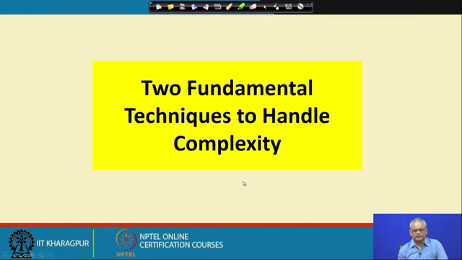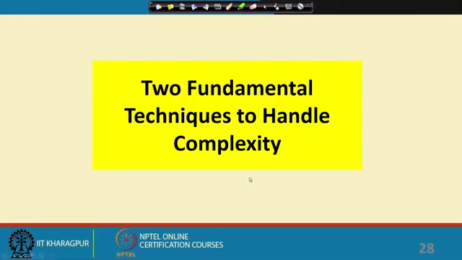Now, let us investigate these two fundamental techniques to handle complexity, because software engineering is after all developing programs efficiently. As the size increases, we want to develop only with linear time, cost, effort and so on, and for that we need to effectively handle the increase in complexity.